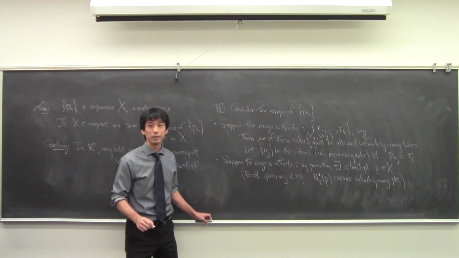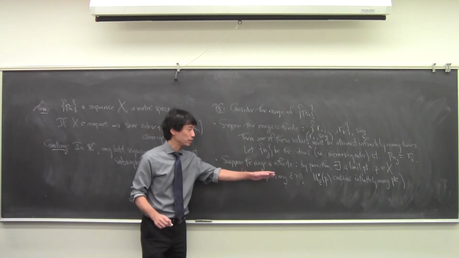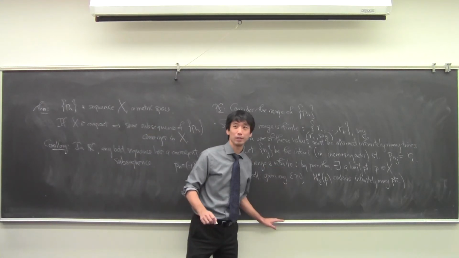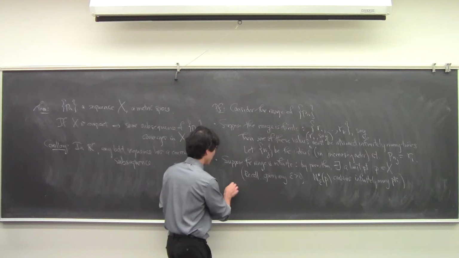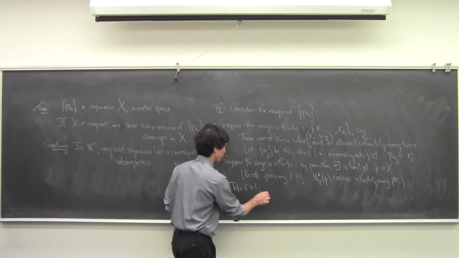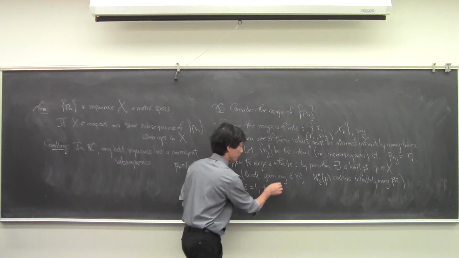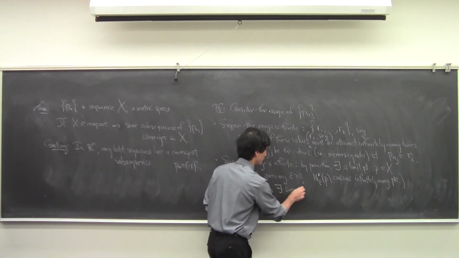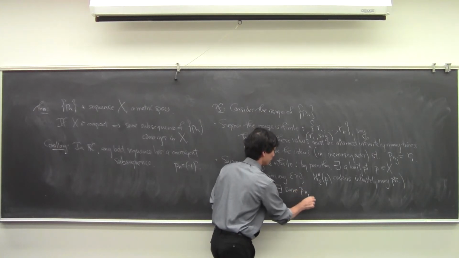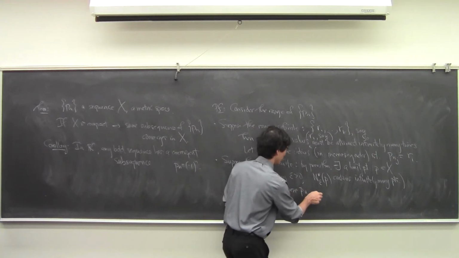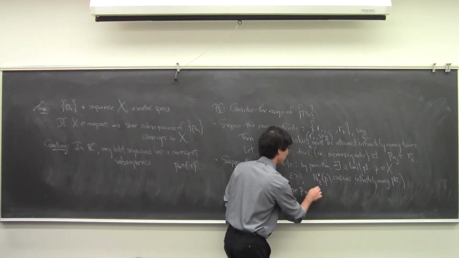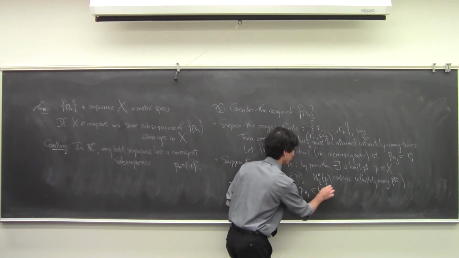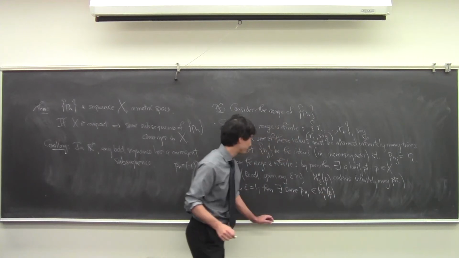And so you can construct your sequence by using that fact. You say, well, take epsilon to be 1. Then by the above, there exists some P n sub 1 that lies in N1 of P.